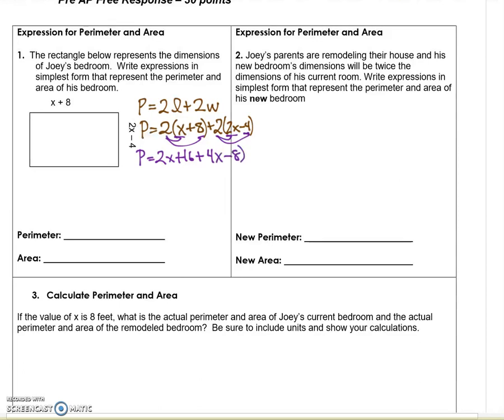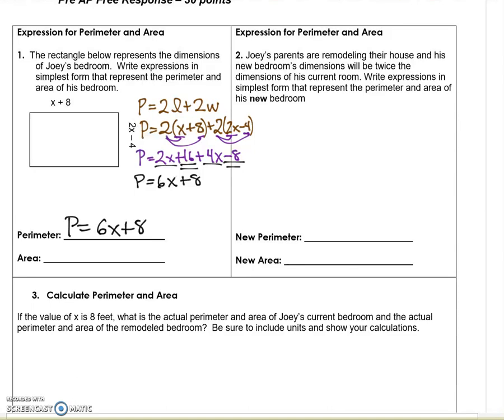Then we can combine like terms: 2x plus 4x is 6x, and 16 minus 8 is a positive 8. So we have a perimeter of 6x plus 8.